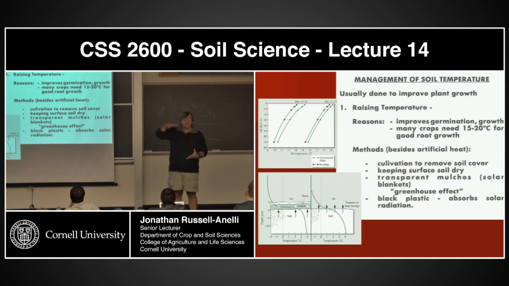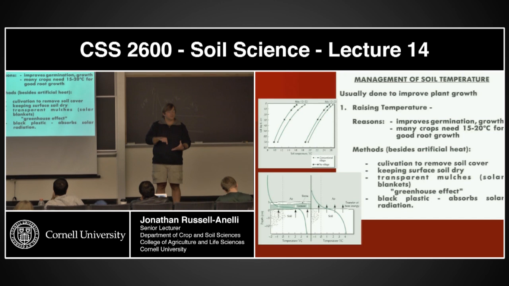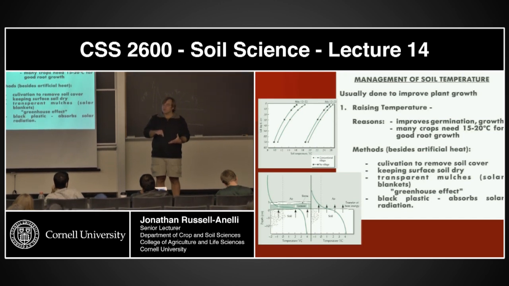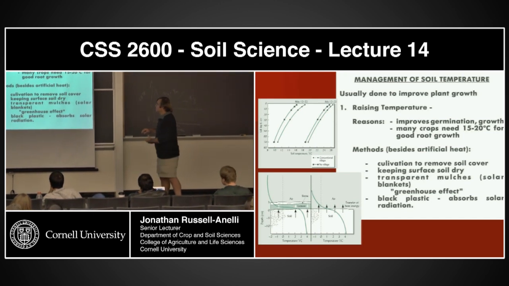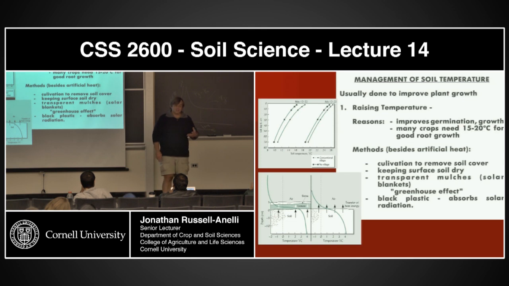Anything that's going to get in the way of that short wavelengths hitting the ground is going to reduce the amount of energy that's hitting the soil. It's going to reduce the amount of heat. Okay, so let's get rid of that stuff. If I can keep my soils dry, I reduce the amount of energy that I actually need to heat things up. Okay, if I have a wet waterlogged soil, it's going to take a lot longer to heat up than a dry soil. Does that make sense? Okay.